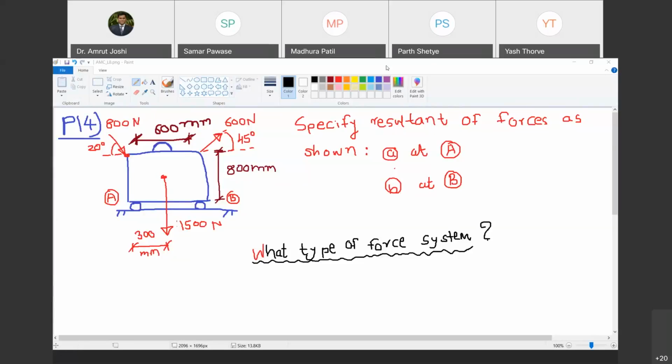Jaideep? Jaideep Wadekar, can you unmute yourself?